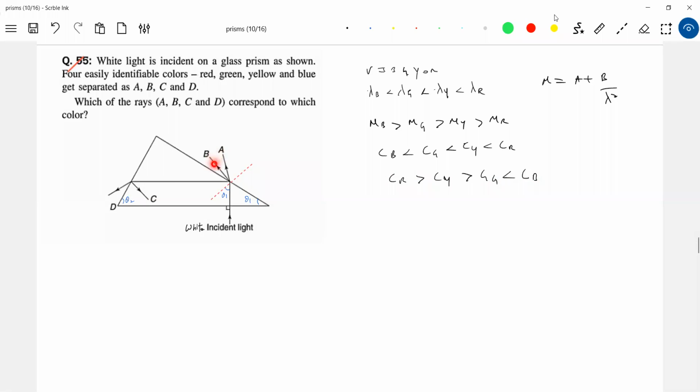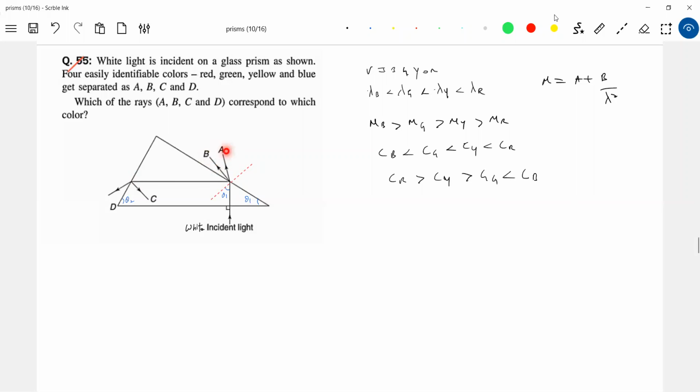Not possible, no? So definitely, let blue and green undergo TIR. Then red and yellow need not undergo TIR. So A will be red, and B will be yellow.